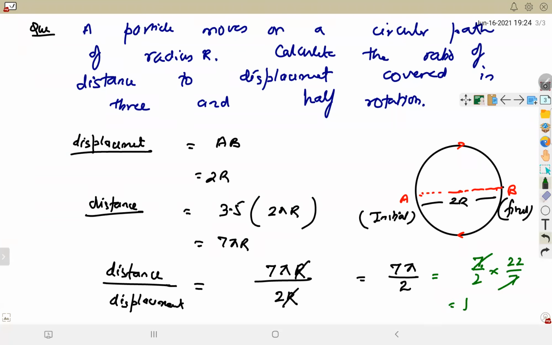So the ratio was 11. So many students leave it because there is no option with 7 pi by 2. You have to use all the values. Pi is 3.14 and it's also 22 by 7. This is when the particle is rotating on its axis or a circular path.